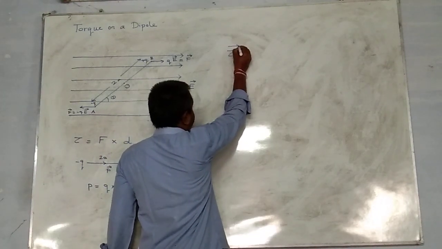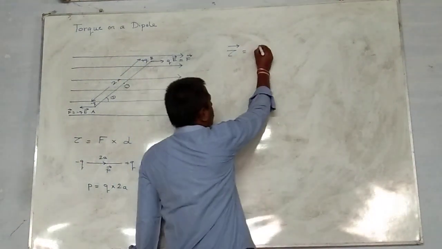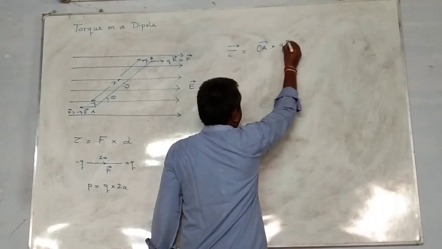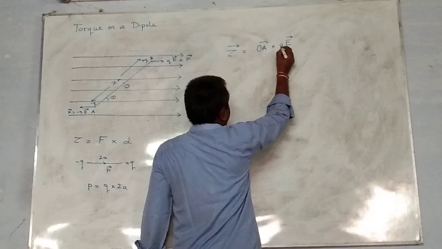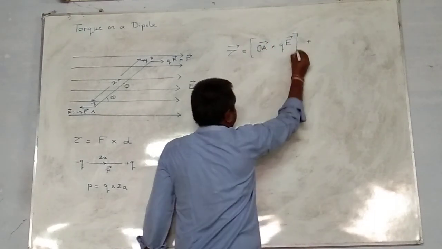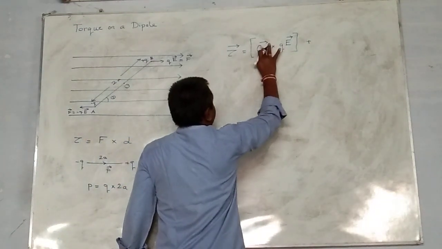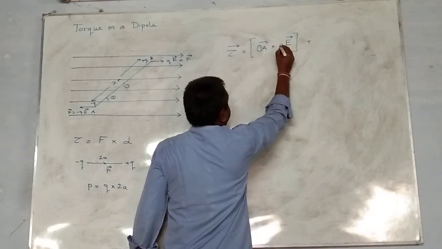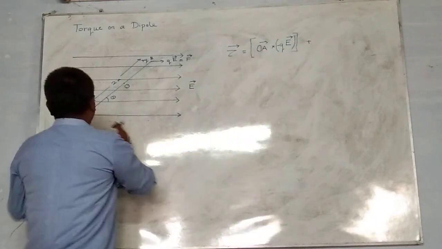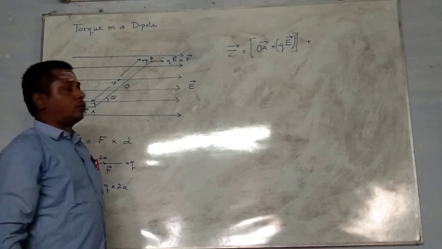Torque is represented by the Greek letter tau. Tau vector is equal to OA vector cross Q into E vector plus OA vector cross minus Q into E vector, the product of force and distance from the point of rotation.